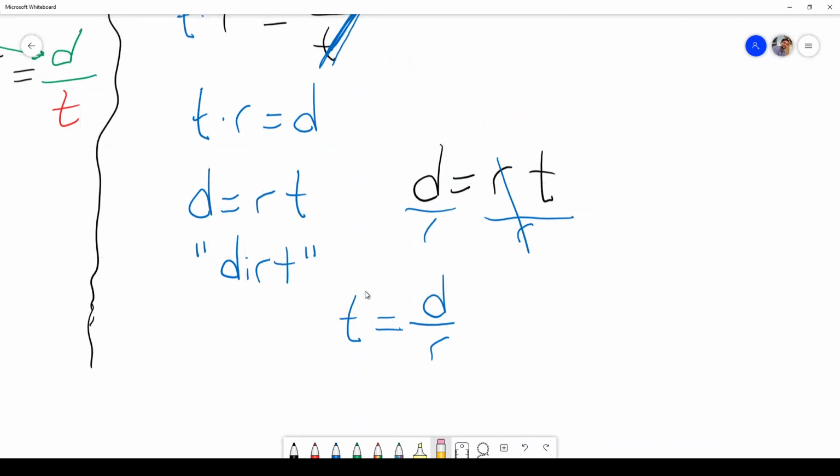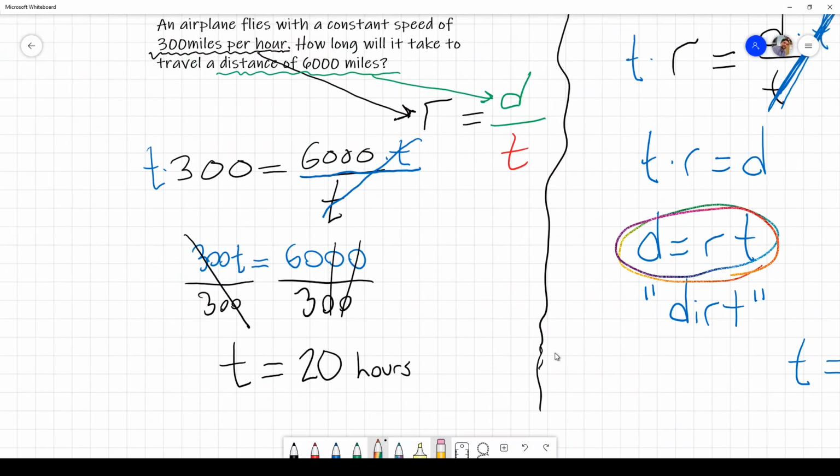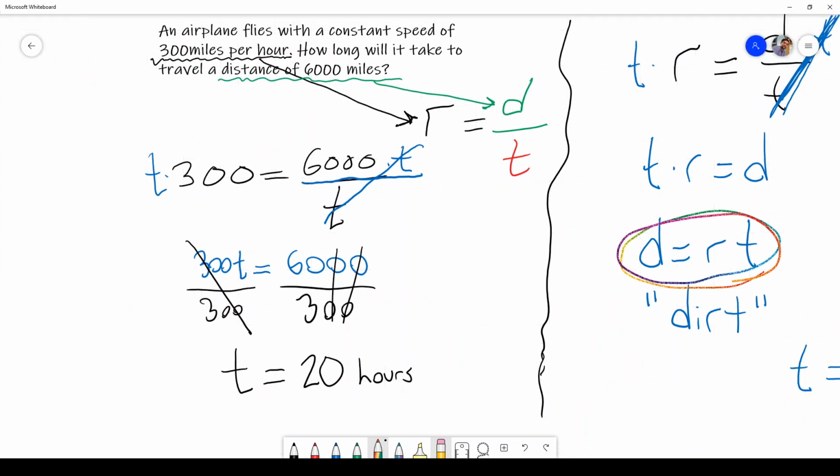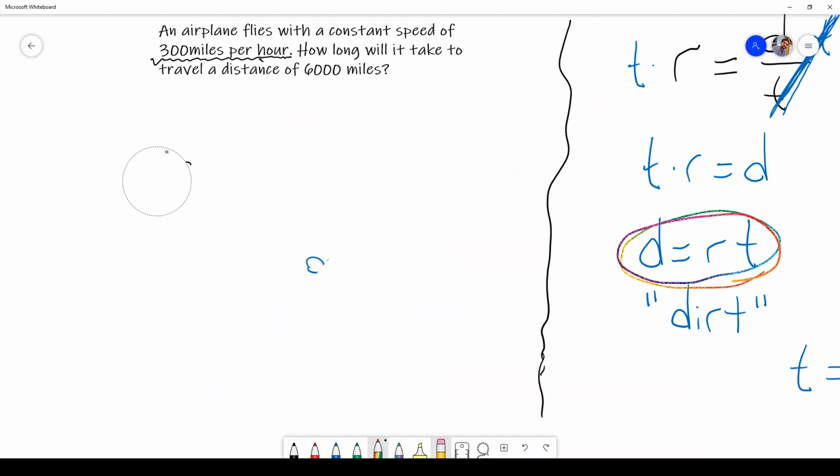Because if I started with this equation here, D equals RT, and I'm just going to erase all of this and show you real quick before we end how D equals RT is actually quicker.